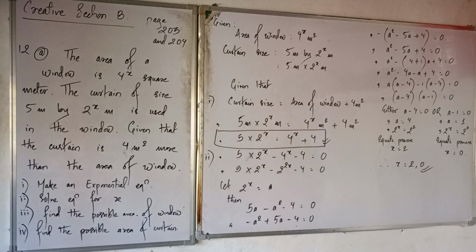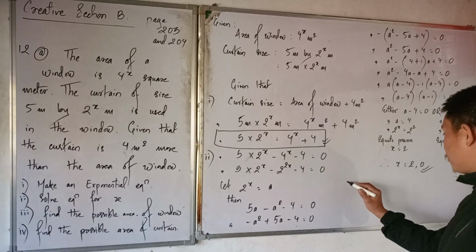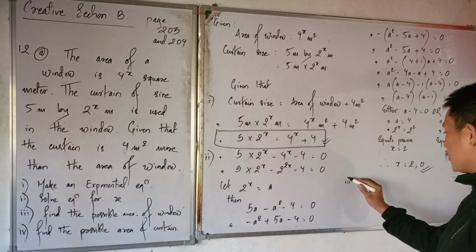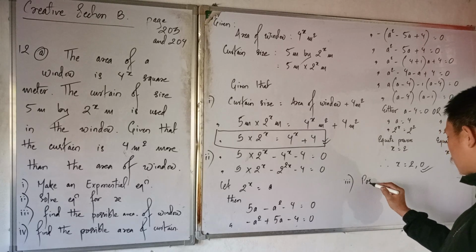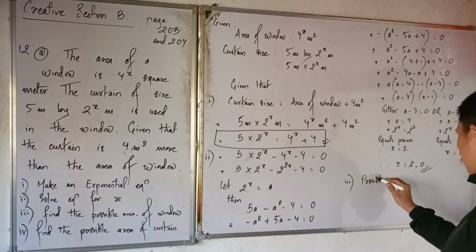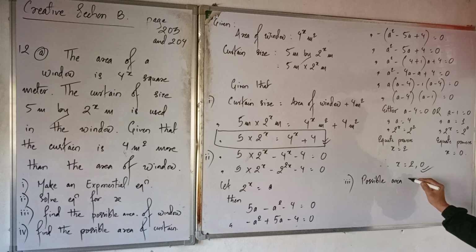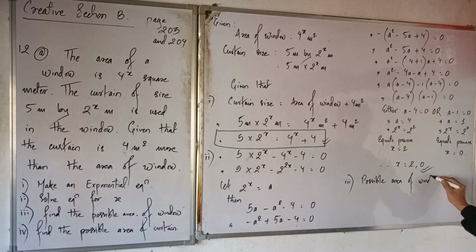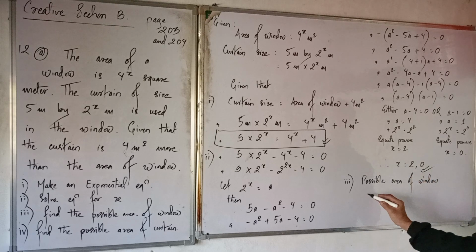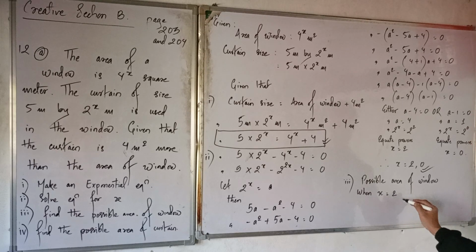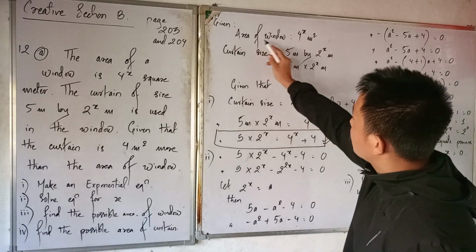Find the possible area of window. So there are two values for x. One is when x equals 2. So what do we have, area of window?